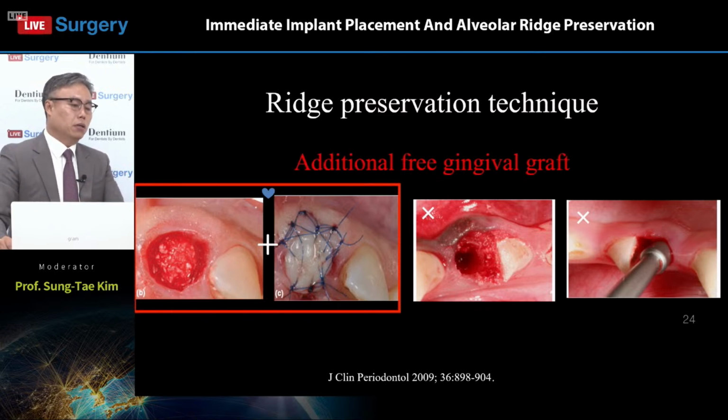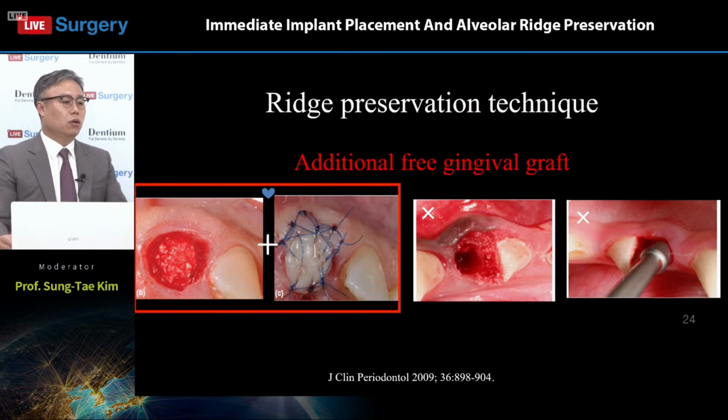They compared the other techniques, which meant opening the buccal flap and applying the bone graft on the buccal side outside of the extraction socket, and expanding the ridge dimension and width, and they found the two other techniques were not pretty good. The only best result was from the clinical technique of bone graft material covered with a free gingival graft.